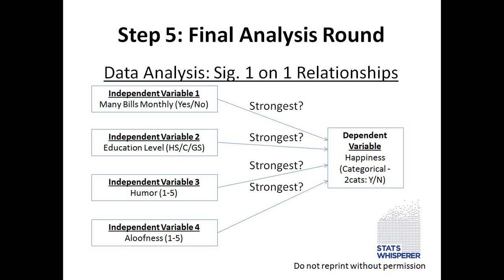We're looking at happiness as a categorical variable with 2 categories, meaning, are you happy? Yes, no. So the first one is, how happy are you on a scale of 1 to 5? Here, our dependent variable is, are you happy? Yes, no.